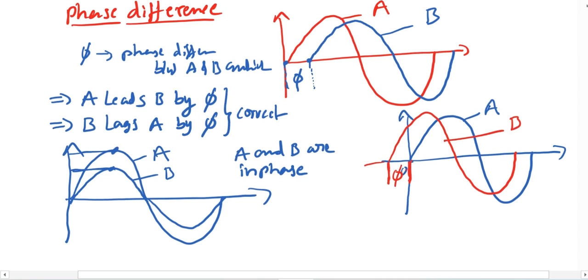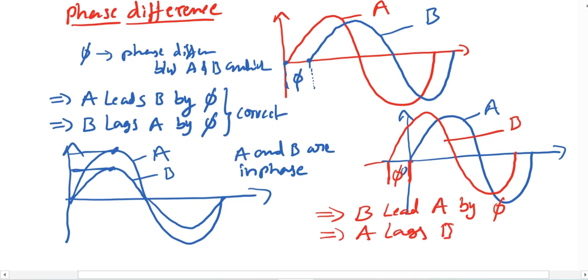So here also I can give the statement. How will you give the statement here? The B waveform leads the A waveform by an angle pi, or my A waveform lags the B waveform by an angle of pi.